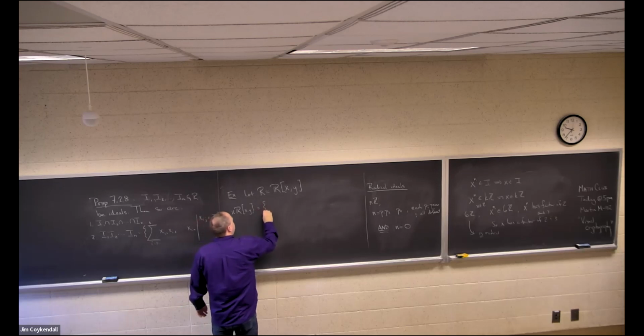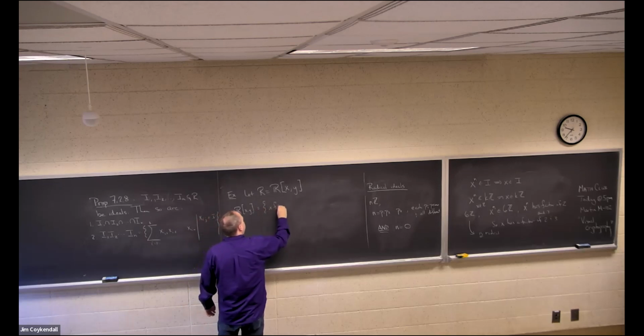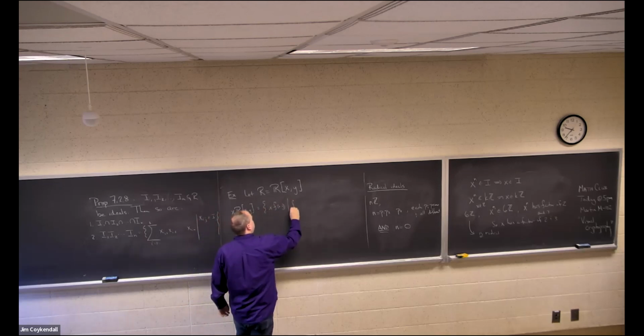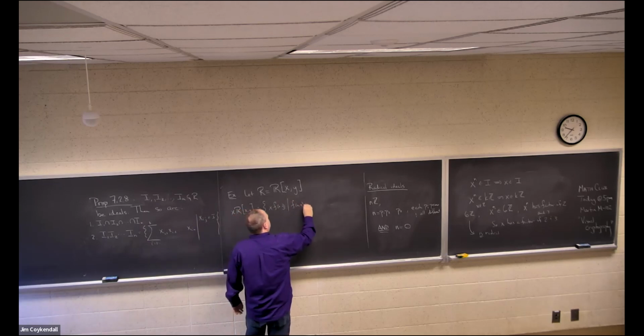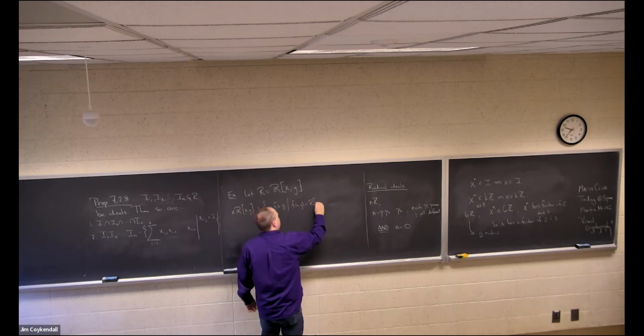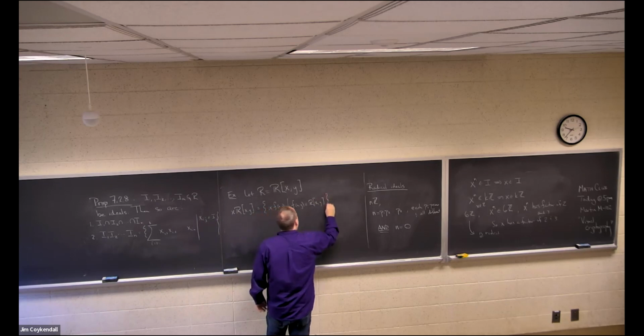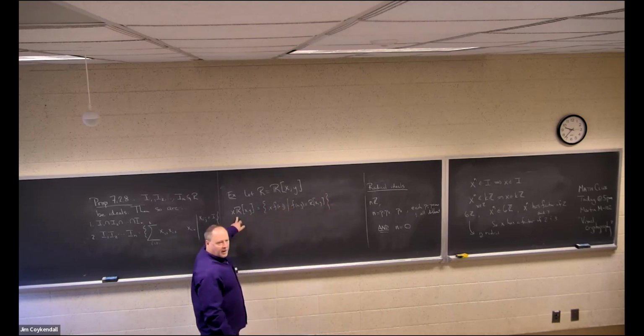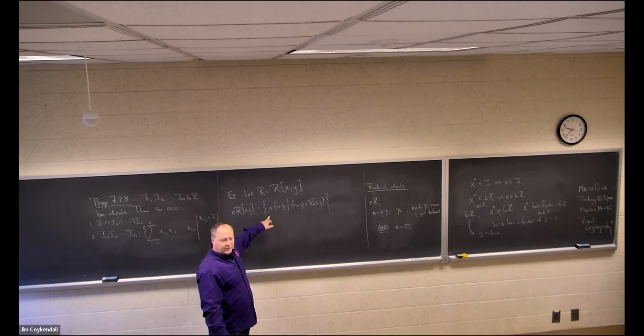Here's a simple way to put this. These are all polynomials in two variables that have a factor of x in them, so I can pull an x out. This is actually an ideal, right?